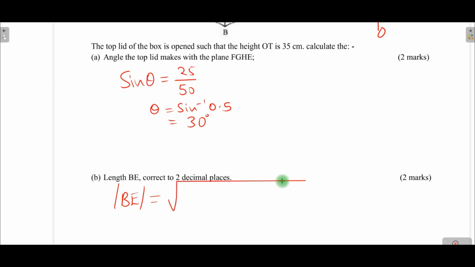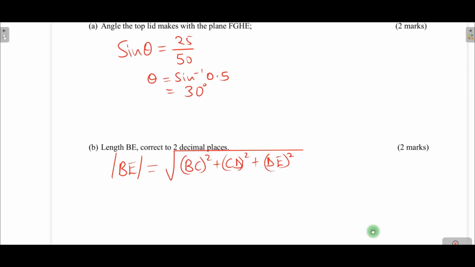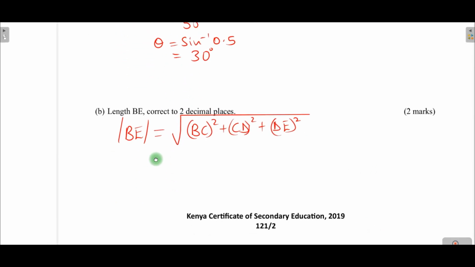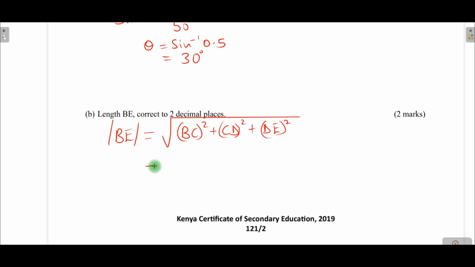the square root of BC squared plus CD squared plus DE squared. So BC is 90, so 90 squared, plus CD is 50, so 50 squared, then plus DE is 10, so 10 squared.